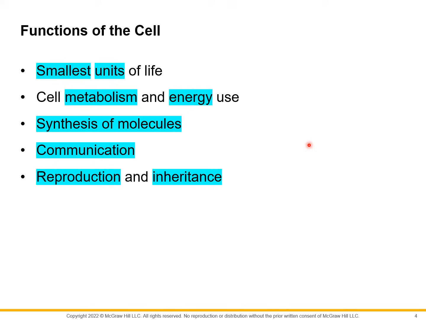Next is communication. So cells are also capable of communicating with one another. All right, cells are capable of communicating with one another through many different ways. So either magpo-produce sila ng enzymes na makaka-apekto sa kalapit nilang cell. They could produce hormones that could give instructions to other cells or organs that are further away from them.